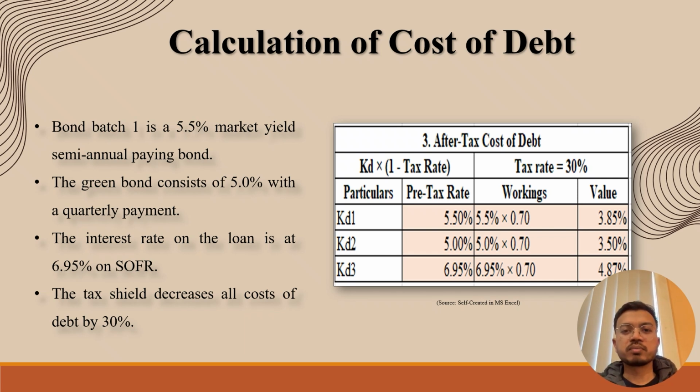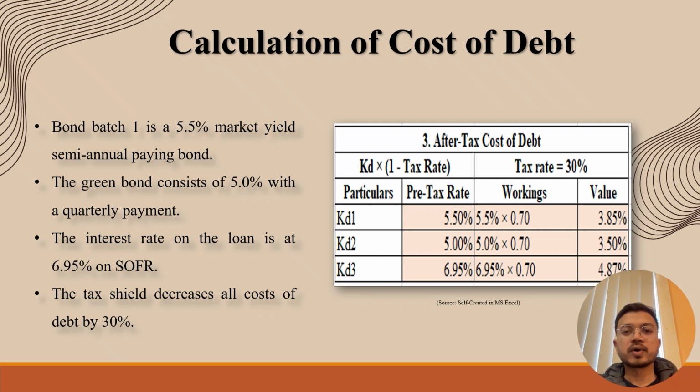Now it's important to remember that interest on debt is tax deductible. Big Digger benefits from a 30% corporate tax shield, which significantly lowers the effective cost of debt. For example, Bond 1's effective post-tax cost becomes 3.85%.